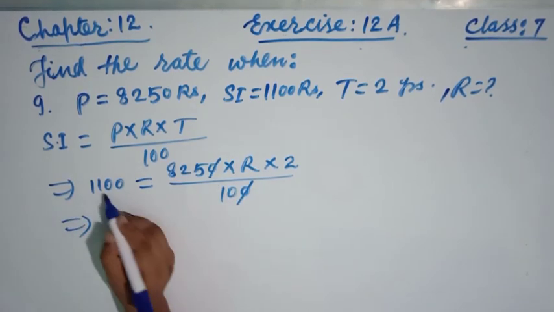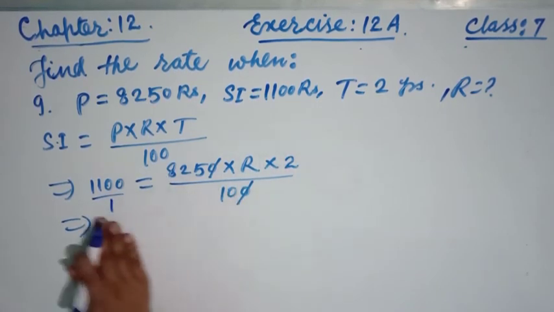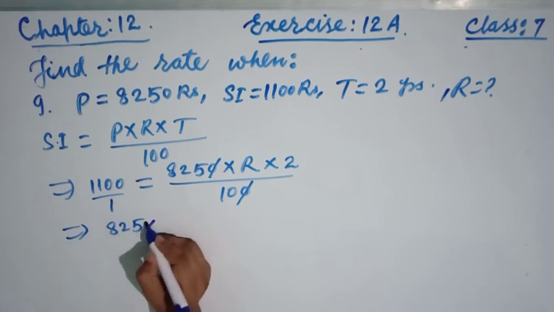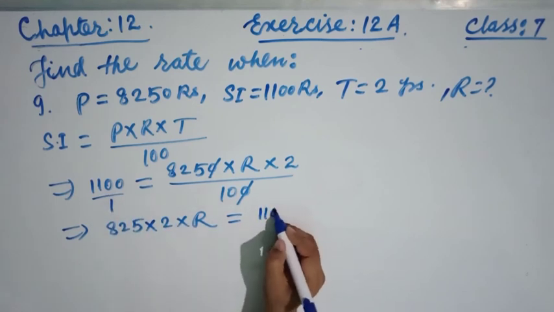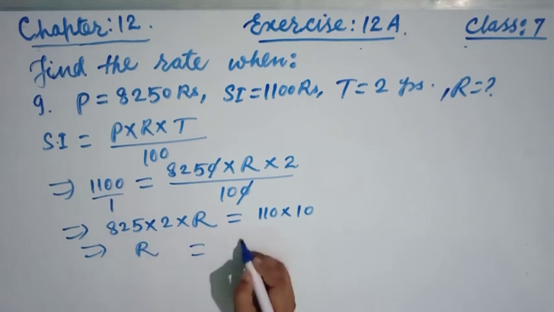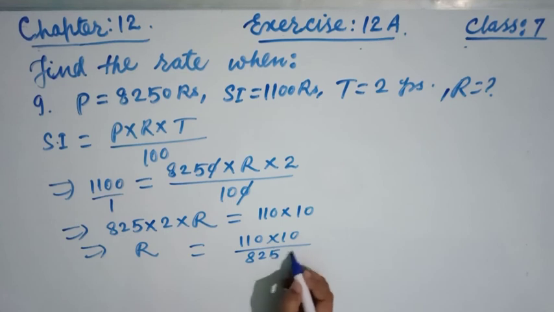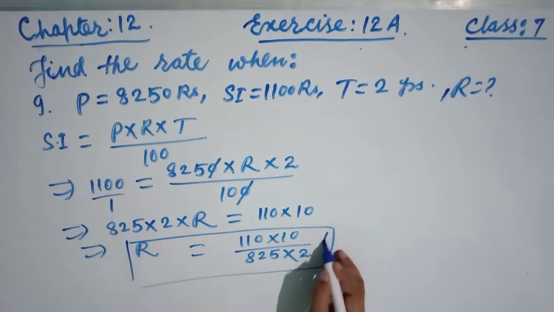After cross multiplication, 825 multiplied by 2 and multiplied by R becomes 110 multiplied by 10. Now R is equal to 110 multiplied by 10 divided by 825 multiplied by 2. Here we can easily calculate and find the answer in terms of percentage, R percent.